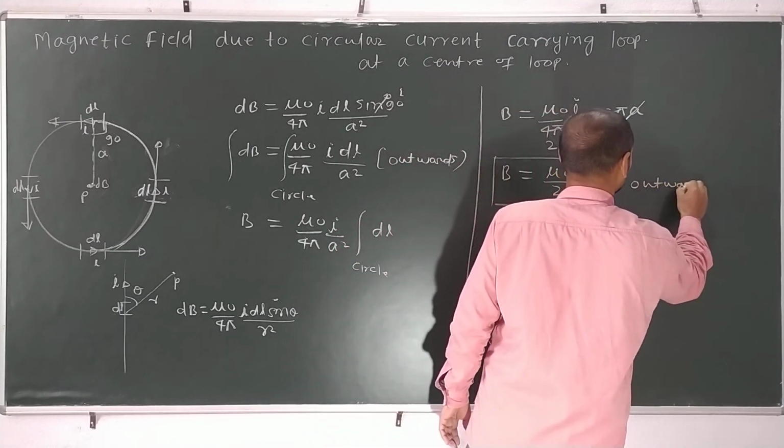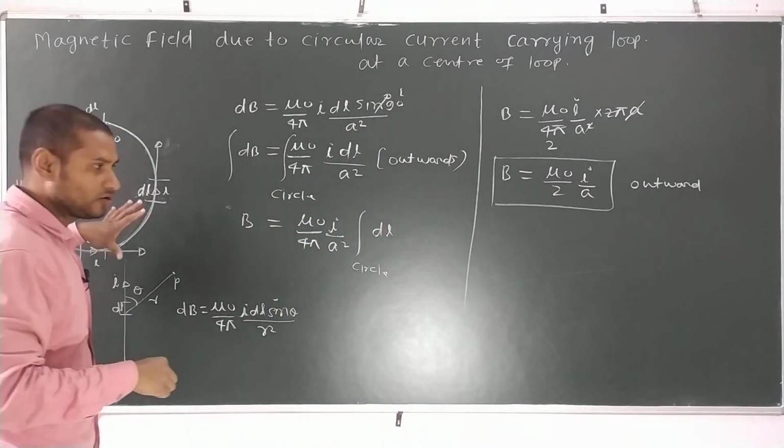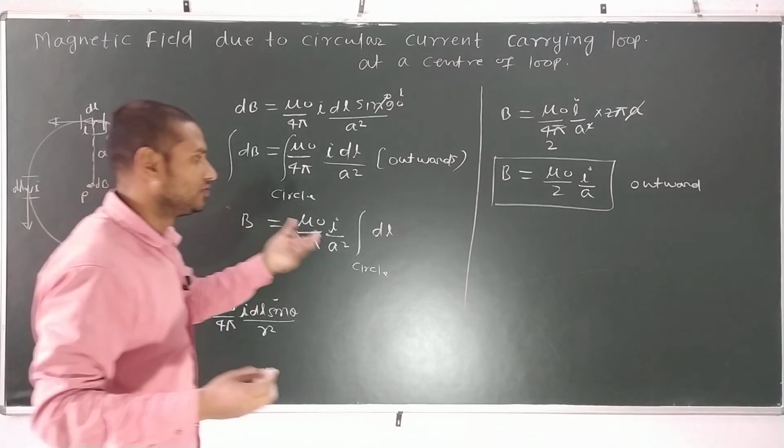As you reverse the direction of electric current inside the coil, the direction of the magnetic field is also reversed.